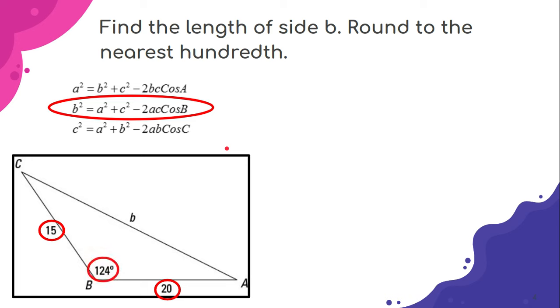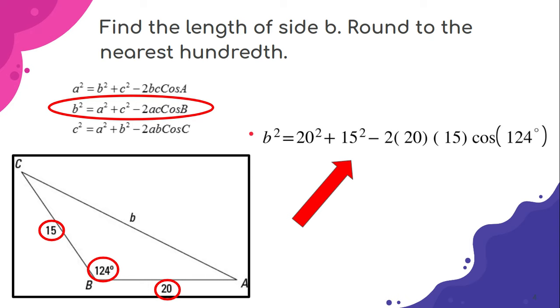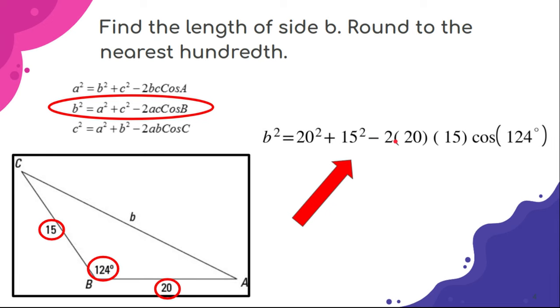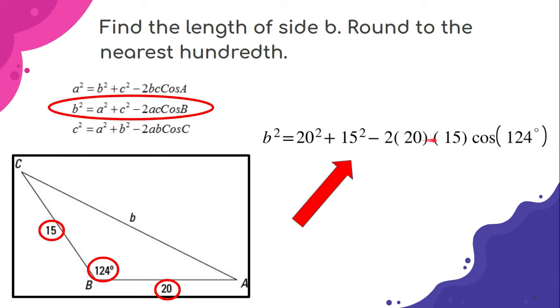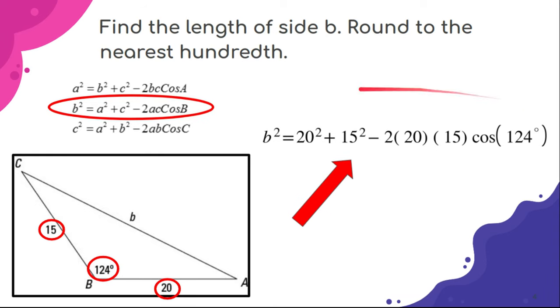Now we can substitute in the values and have the equation of B squared is equal to 20 squared plus 15 squared minus 2 times 20 times 15 and times the cosine of 124 degrees. From there, all we have to do is solve this equation to get our answer.